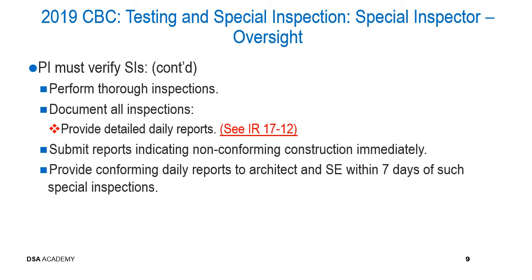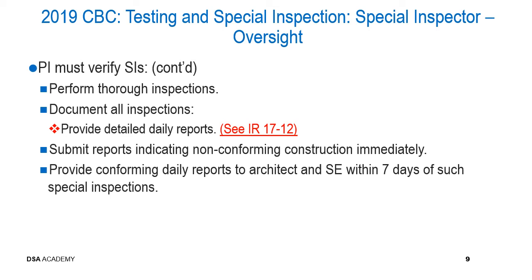The project inspector is also responsible for verifying that SIs perform thorough inspections, and that the SIs document all inspections and provide detailed daily reports as noted in IR 17-12. Also, the special inspectors need to submit reports, particularly indicating non-conforming construction, immediately.